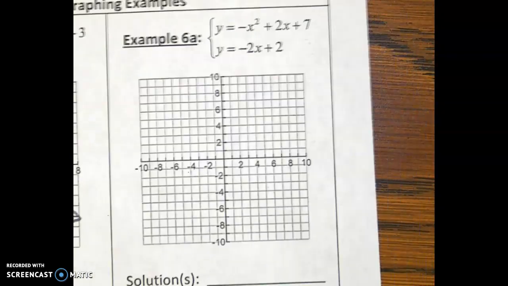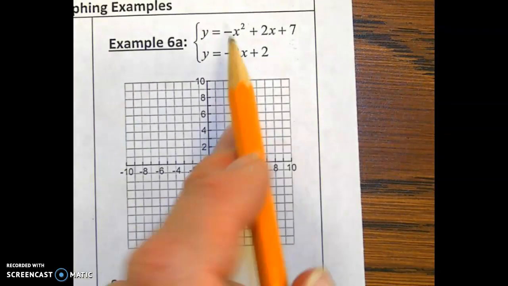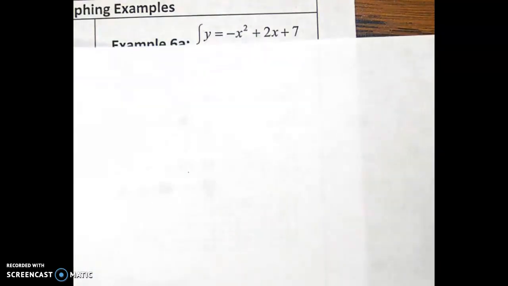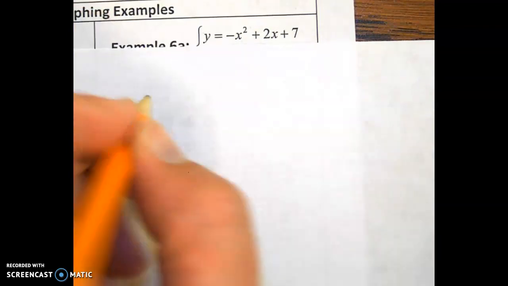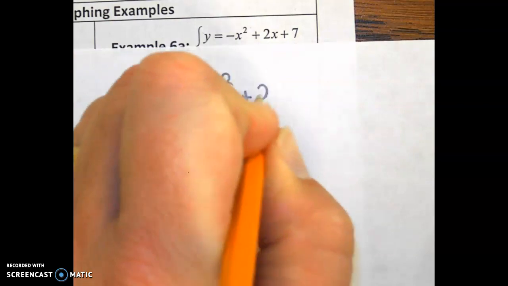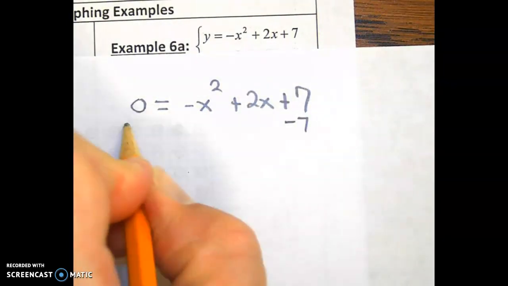Next example. Oh boy, looks like we have another quadratic in standard form. Let's change it to vertex form real quick. So we're going to change the y to 0. Okay, we're going to move that constant to the other side.